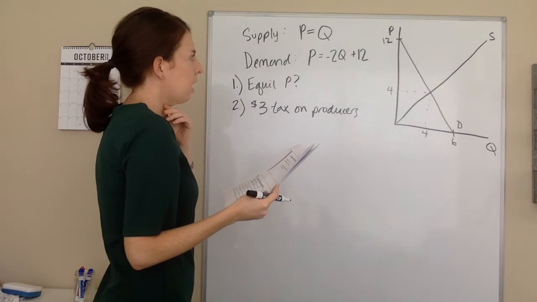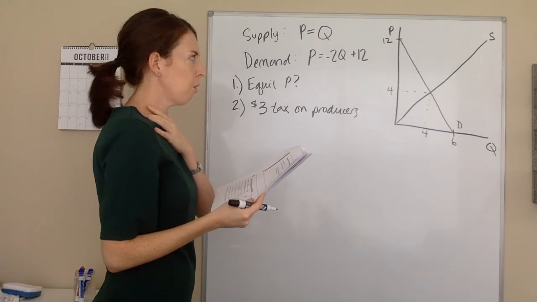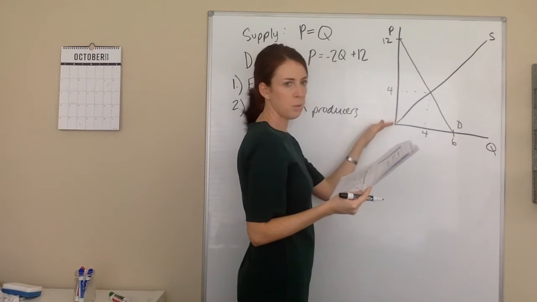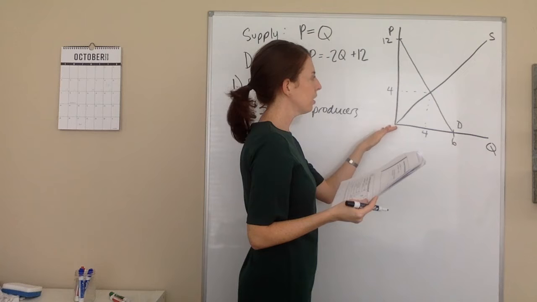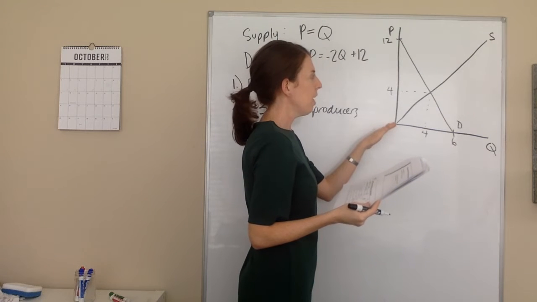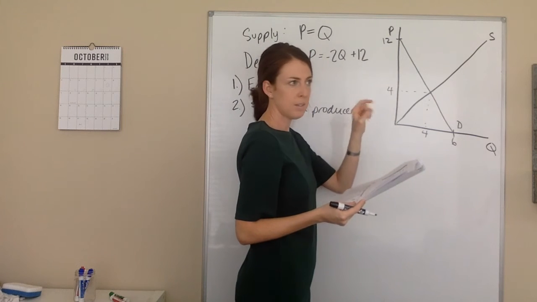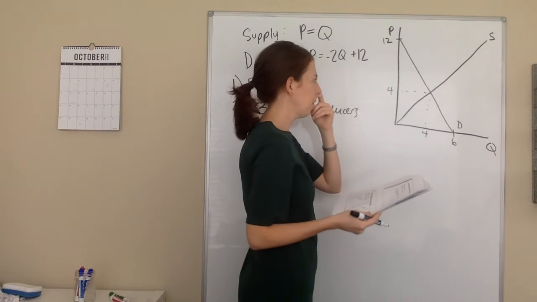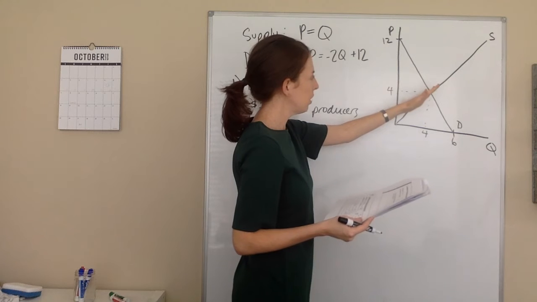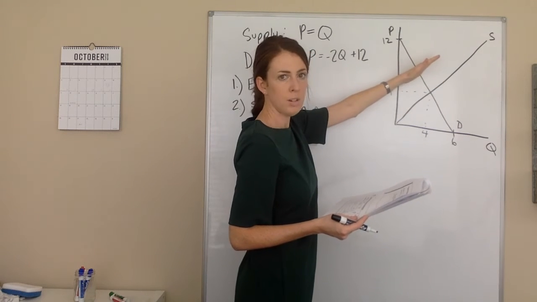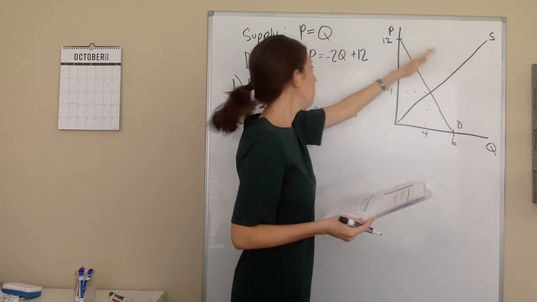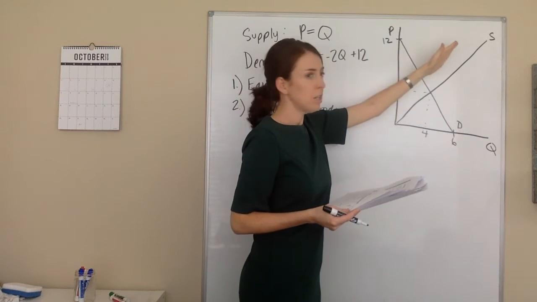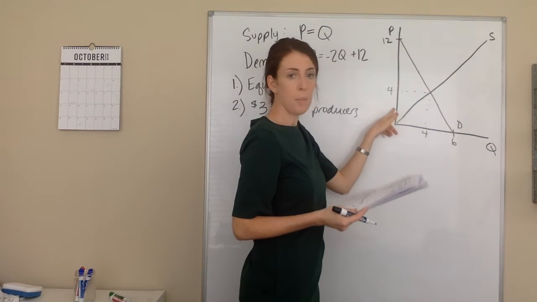First of all, let's think about how the graph will characteristically change. If suppliers or producers are taxed at a level of $3 per unit, that means they're just going to take this sticker price and up it by $3 and then see how the market shakes out. So if you take this curve and vertically move it up 3 units, you're not changing the slope, so that stays the same. But if you're moving it up by 3 units, then the intercept does move up by 3.